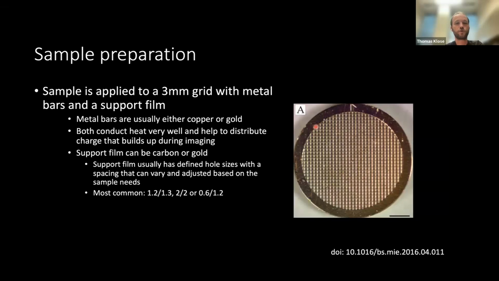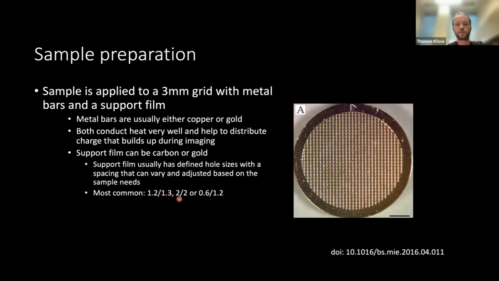The support film generally is either carbon or gold, and I'll show you in a bit more detail in a second, but the support film these days usually has defined holes with a defined spacing, and again, depending on the use case, this can be adjusted and selected. Most commonly what is done is holes that are 1.2 microns in size with a 1.3 micron spacing.